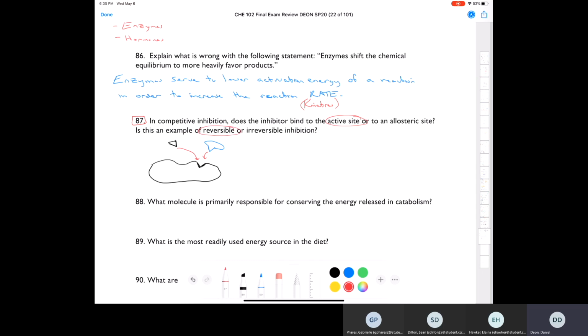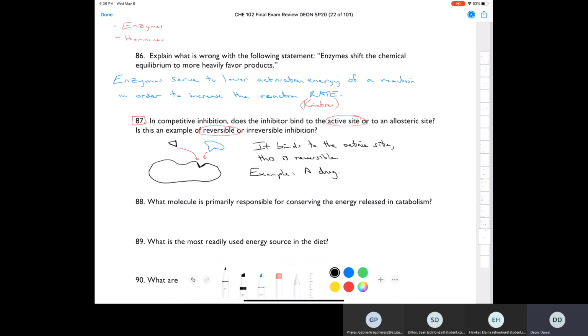If you have irreversible inhibition, that would be something like, we said, a poison, okay? So let's write here, it binds to the active site, and this is reversible. The classic example would be a drug, right? Because you take a drug, the drug's going to bind to the active site and cause a desired therapeutic effect.